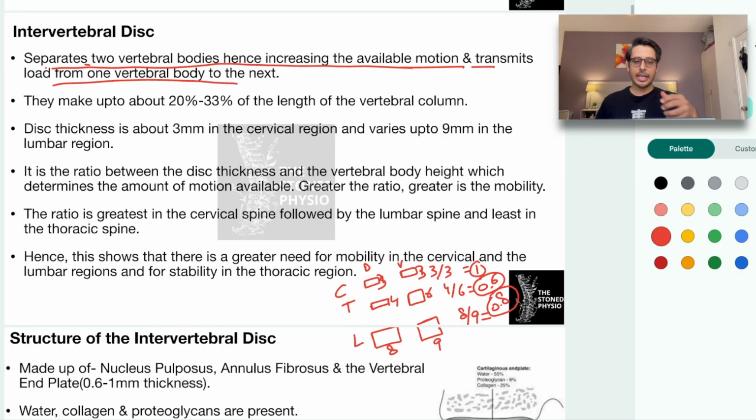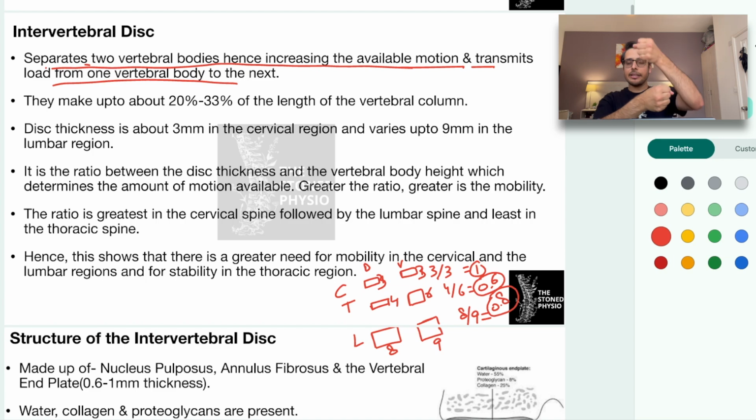Let's say we have two solid blocks of bones, or two vertebrae, and there was no intervertebral disc between them. If there were two bones one over the other, just imagine the available motion. It's very little, because there's not much scope of movement between two solid blocks of bone. But if we introduce a soft cushion between these two bones, the scope of movement increases.